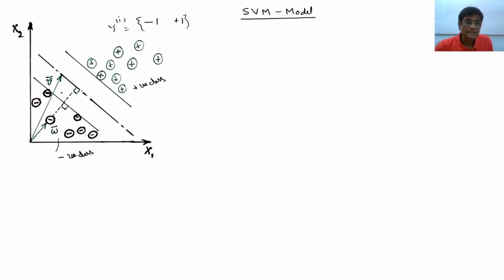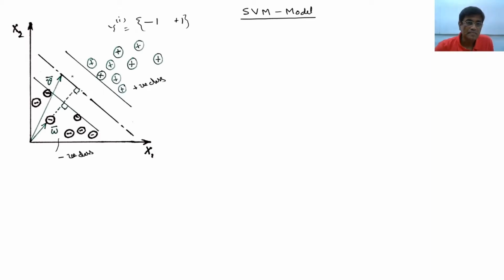Say I have an arbitrary sample point here, which is denoted by a position vector V. These are the two features x1, x2. This is an extremely simple diagram we are considering so that we can understand the intricate detail.